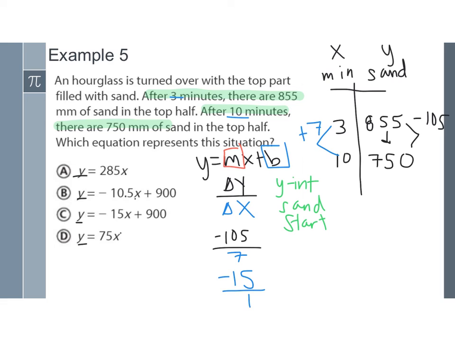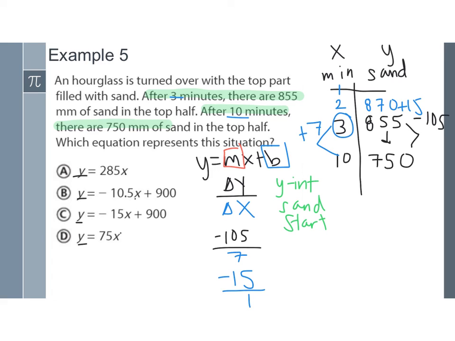So that's why after 3 minutes, there were only 855 millimeters of sand. If we want to figure out how much sand we started with, again, we're going to have to work backwards. We're starting with 3 minutes. After 2 minutes, there would be 15 millimeters more of sand, so 855 plus 15 gets us 870.